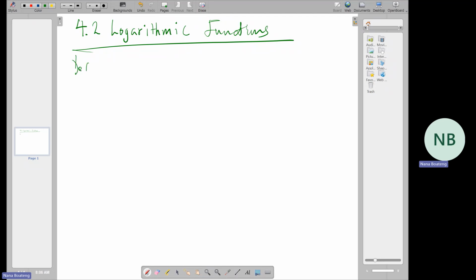So, definition of the logarithmic function.